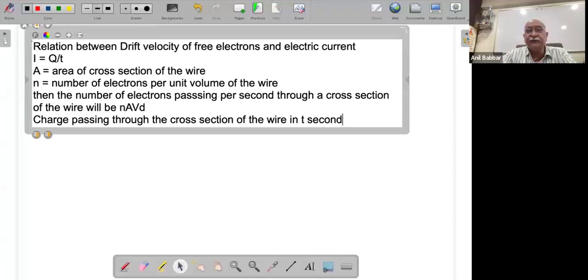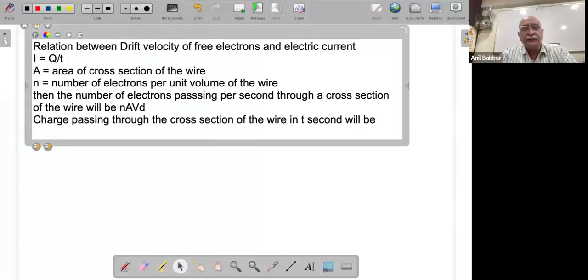So total charge Q is equal to N A VD t, into the charge on one electron, or I can replace this Q by E, the charge on one electron.